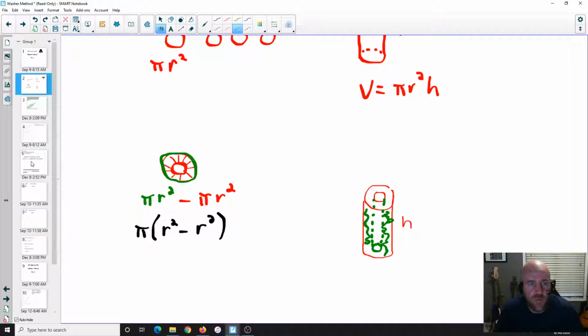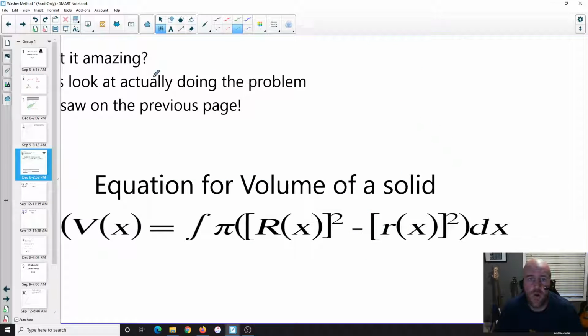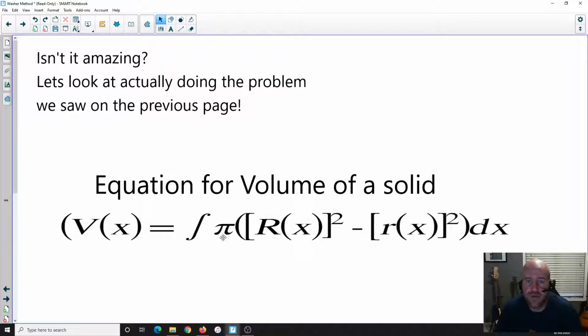So our formula for our washer method, if you remember from last year, is the integral of pi times big R squared minus little r squared times dx. So this big R squared is the outside radius, or the outside area, and then the little r squared is the inside radius.